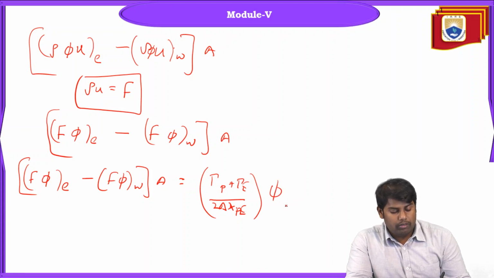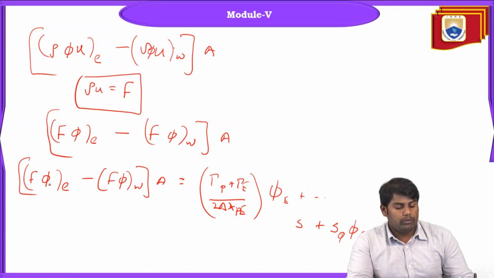Okay, so let's say phi e, plus so on. So we have plus source term, S u plus S p phi p. So here similarly you have for this. So this is the full form of the general equation.